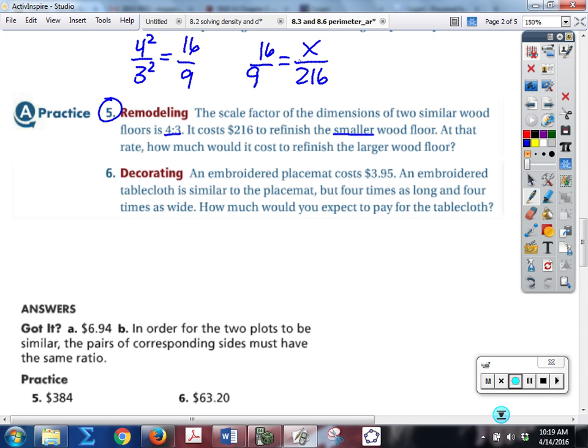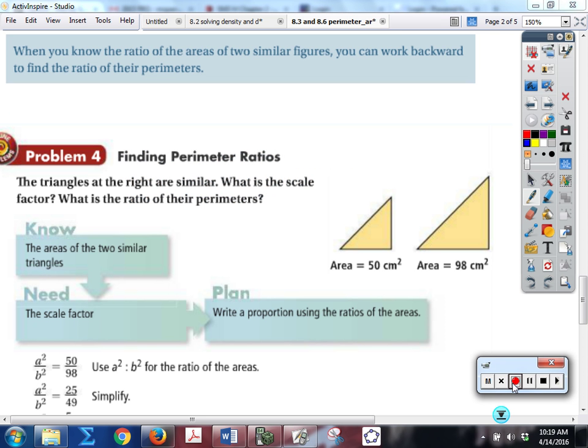Right? Yep. If you know the ratio of the areas, then you can go back and find the scale factor or the ratio of the perimeters. So right here, if this one wants the scale factor and the ratio of the perimeters, and it doesn't say, just do the one on the left to the one on the right, which is what it would usually ask for.